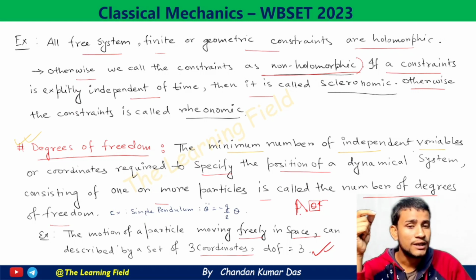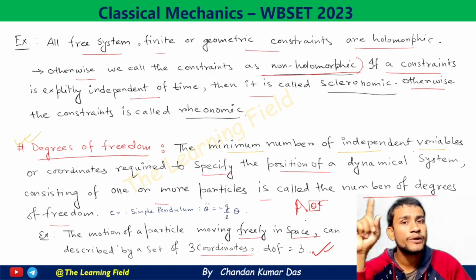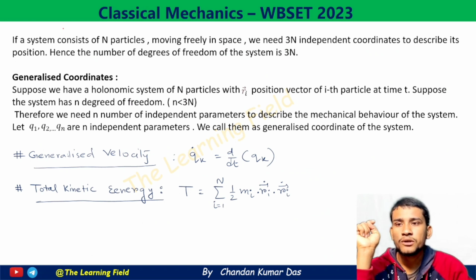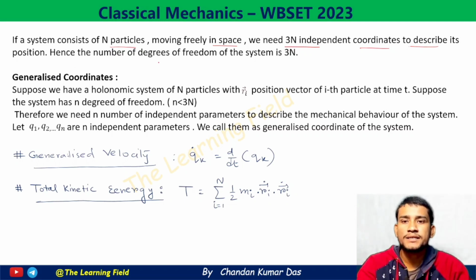That's why the simple pendulum has degrees of freedom 1. Now it says that if a system consists of n particles moving freely in space, we need 3n independent coordinates in general to describe its position. Hence the number of degrees of freedom of the system is 3n.